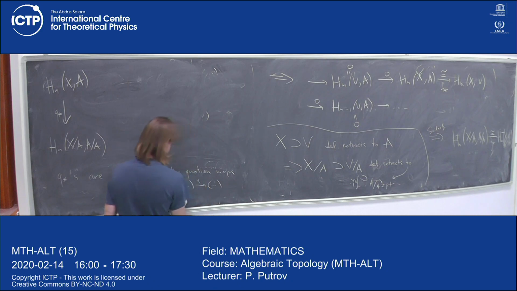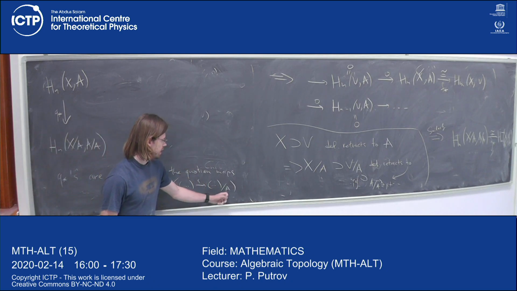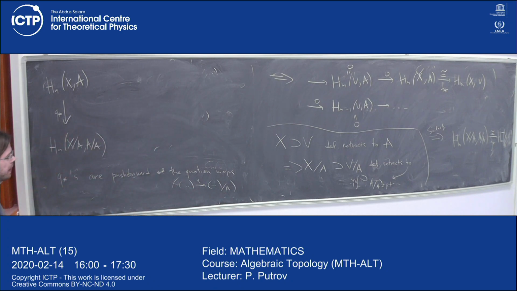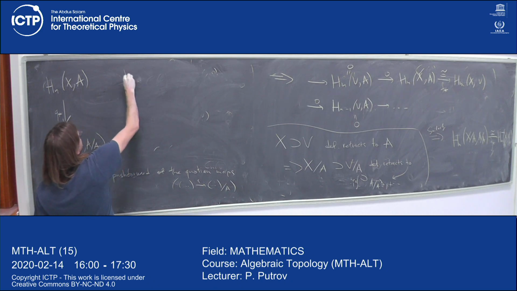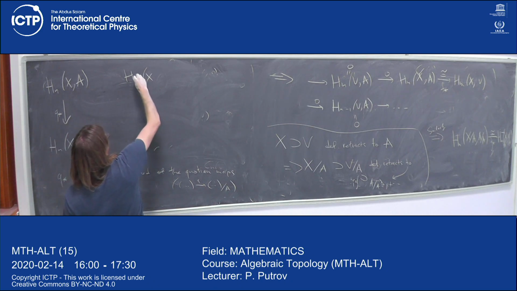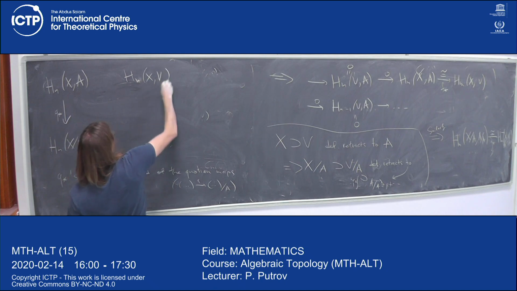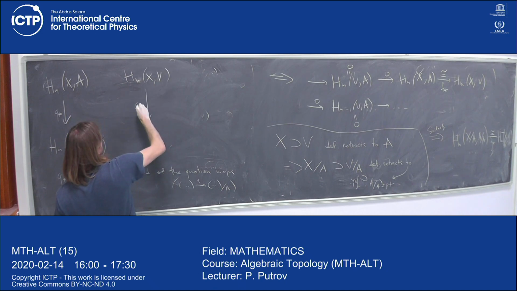the space, either X or some subspace in X, divided by A. And so particularly we have this, and we also can consider the pair X, B, and here is the quotient.